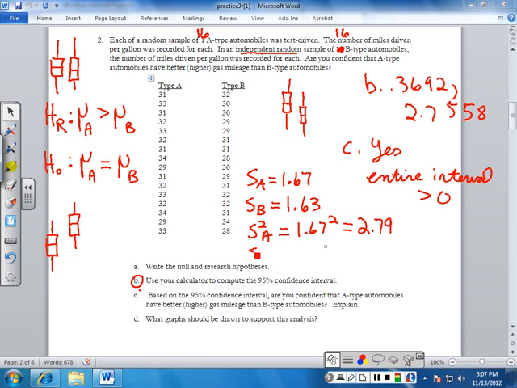And S squared B would be equal to 1.63 squared. So about 2.66. Since neither of those is twice the other, we should pool. Or if you're using your calculator, you answer yes. Okay.